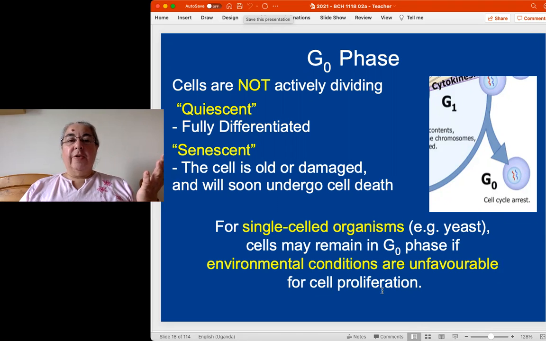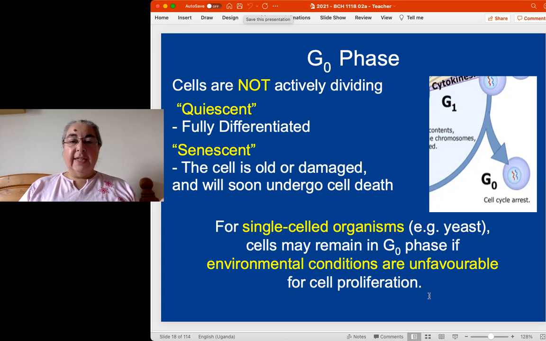So if you imagine, for instance, a culture of yeast cells growing in a beaker in a laboratory, they grow for a while and they use up all the food sources in the liquid that they're growing in. So then there's no more food. So the cells will enter G0 phase and then rest in G0 until conditions change.